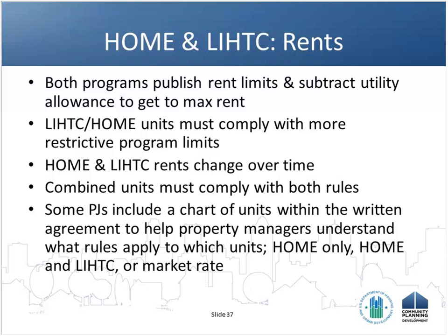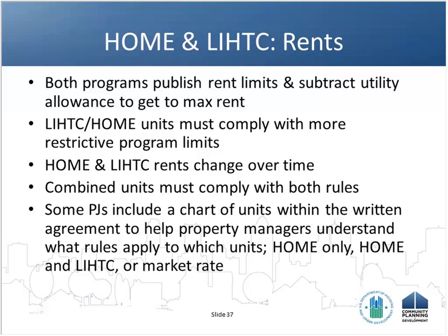So in those particular units, you're going to have to be comparing under both programs and taking the more restrictive of the two, where your tax credit alone will only follow tax credit and your HOME units without tax credit designation will only follow the HOME requirement.